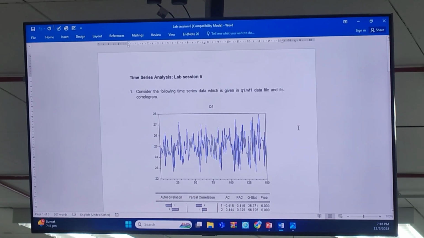So, given the first data set, consider the following time series data which is given in the EViews file.